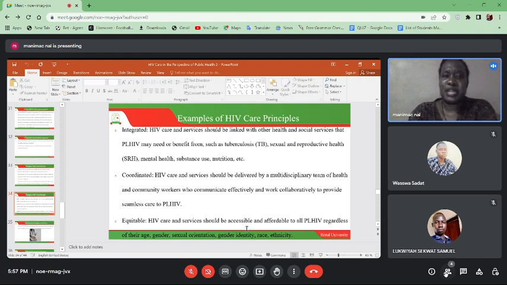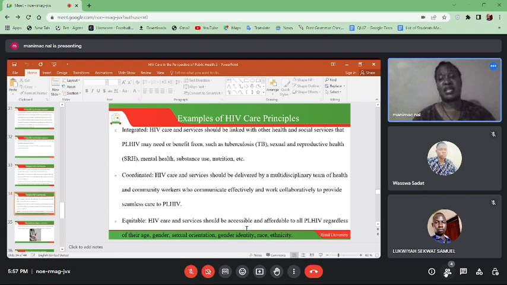More to that, we need also to integrate HIV care, through linkage with other health as well as social services for people who are living with HIV, such as tuberculosis, sexual and reproductive health issues, as well as mental health and substance use, nutrition, etc. We need also to coordinate, like we mentioned earlier on, with other stakeholders, in such a way that they help us in the delivery.